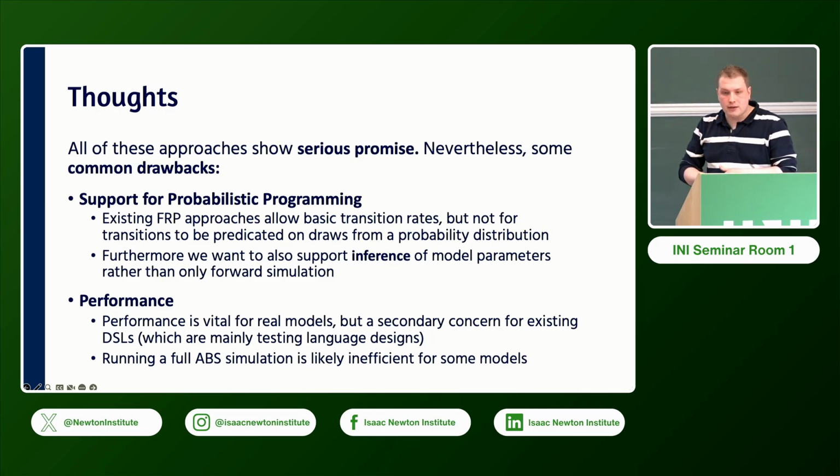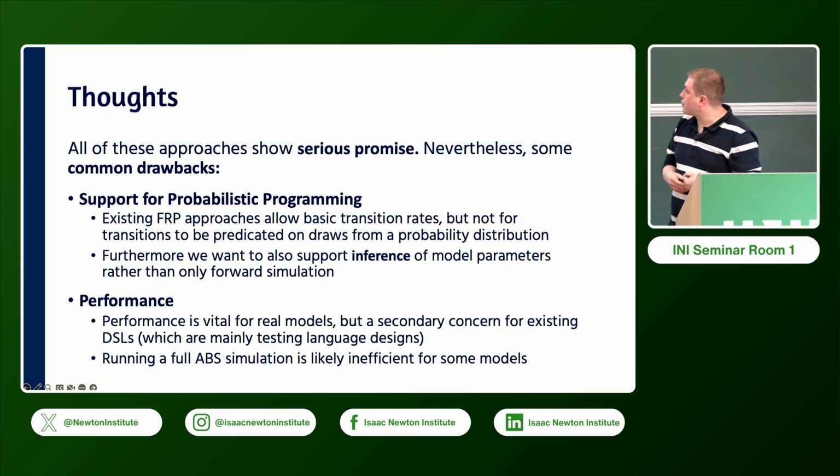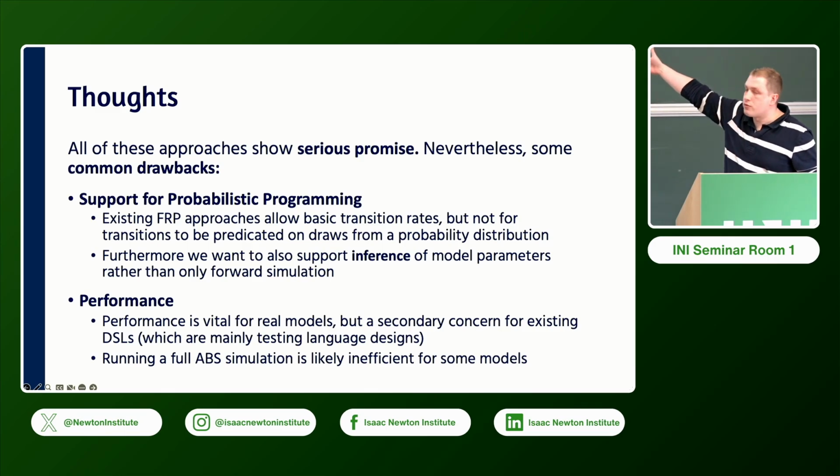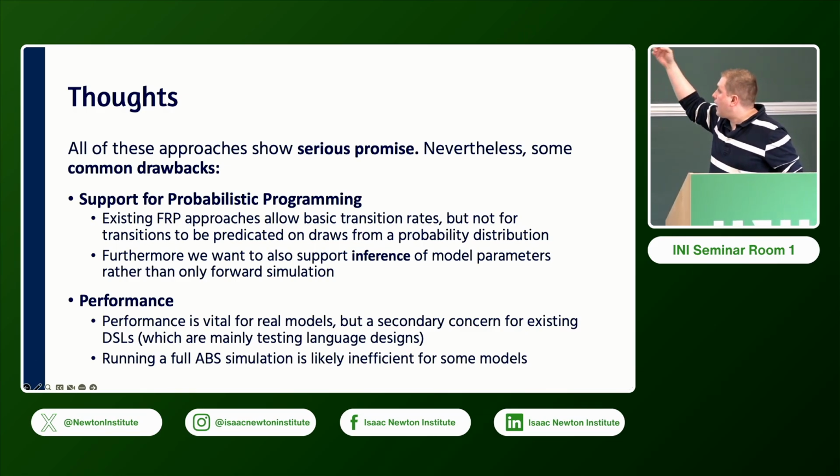So I think there have been some very serious attempts at DSLs for infectious disease modelling so far. But the common drawbacks are several. The majority of them don't have any kind of explicit probabilistic programming support, and inference is really important, and we can't do that in most of the common DSLs just yet.